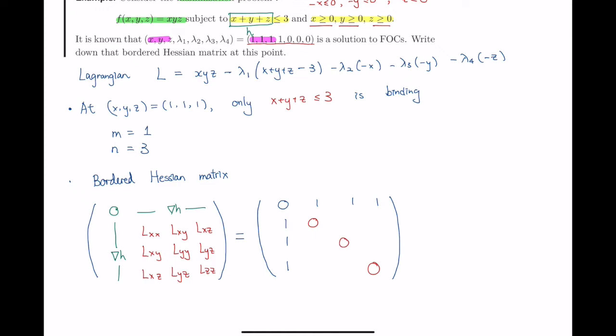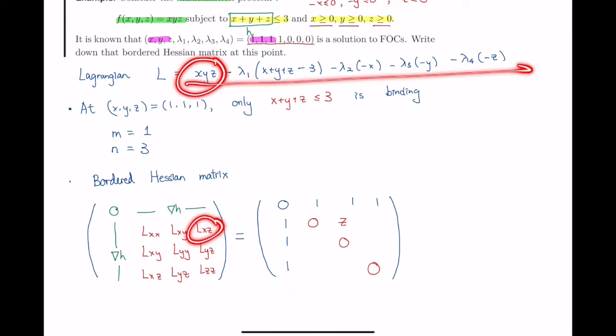How about differentiating with respect to x and then y? You get z, and every single other term will die. So you get z here. And then xz: when you differentiate this term with respect to x and then z, you get y, and any other terms die because there's no other second order term.